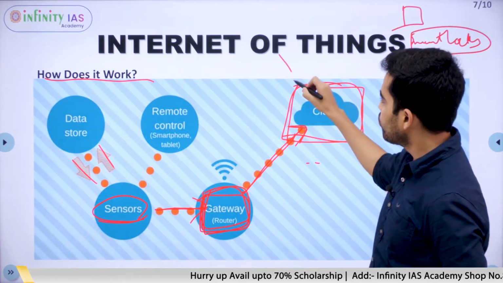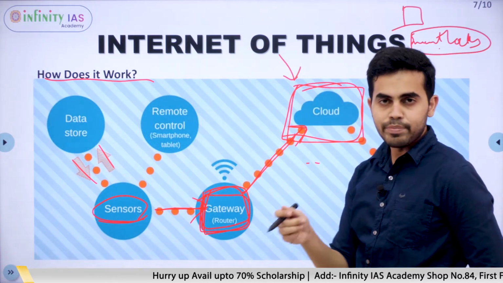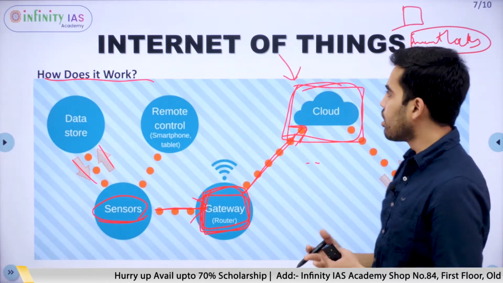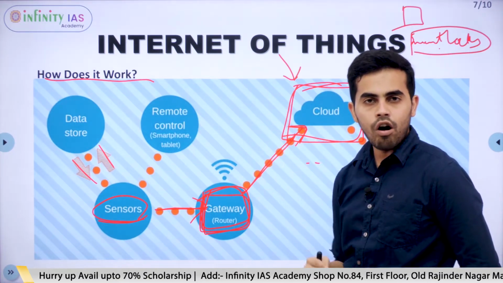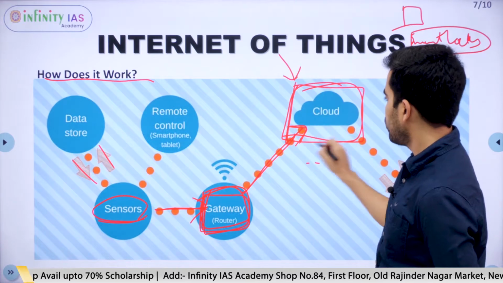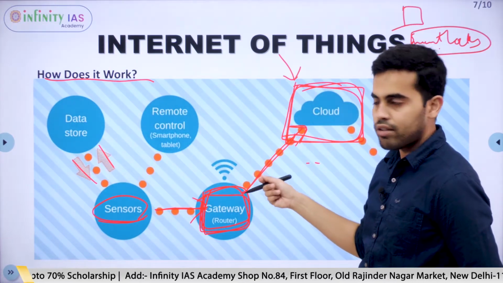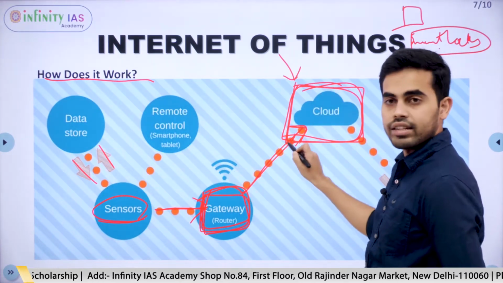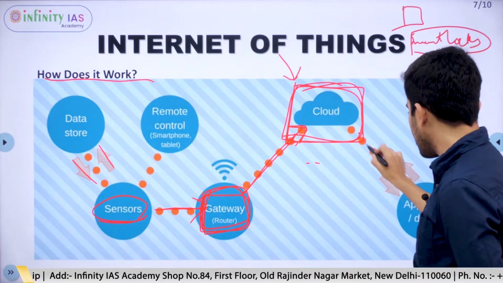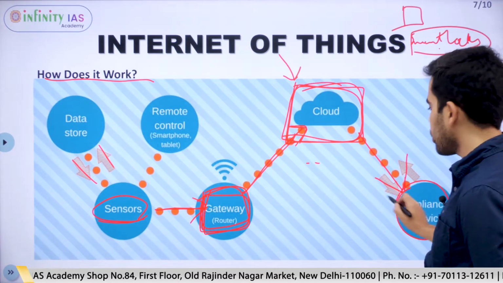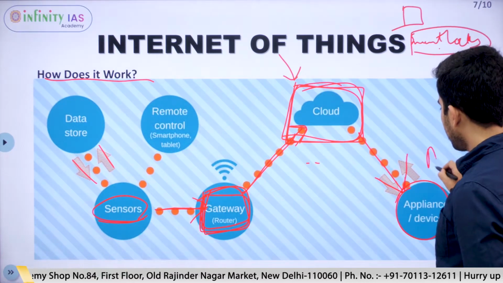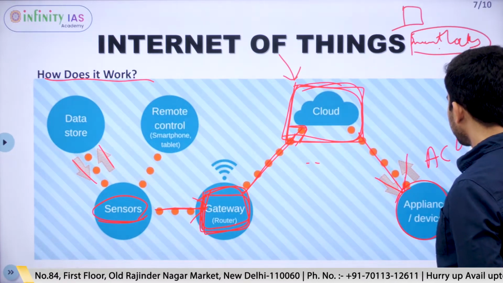The people using the smart lock would have already given instructions such as, if someone opens the lock, the AC should be on. So the cloud will process that. Once the data that the lock is open arrives, it will send the instruction to the appliance or device that the AC should be on.